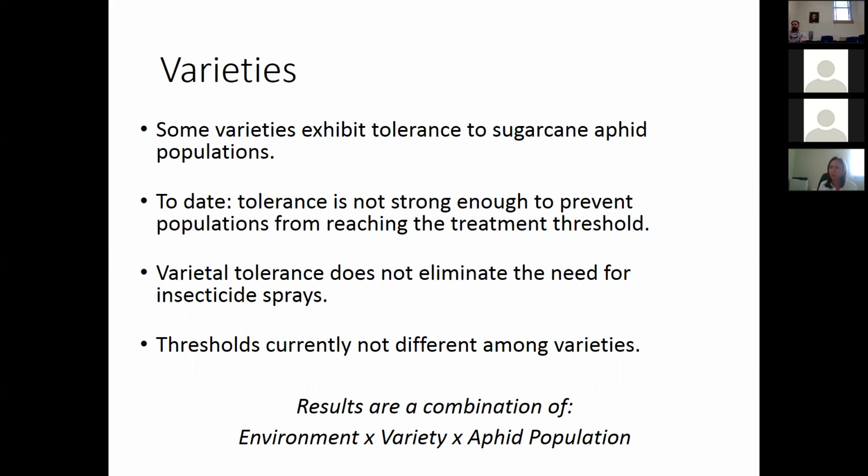And there seems to be a variety of environmental effects, so the amount of rainfall, how healthy that sorghum is, how well it's growing, the genetics of that variety and just how tolerant to sugarcane aphid they really are, and also the aphid population pressure experienced in any area that ultimately determines how well these varieties are going to perform and how much tolerance you're actually going to see in any given year at any given location. So if it were me, I would just plant a good locally adapted variety, monitor for sugarcane aphid, and expect to have to put out an insecticide spray if needed.